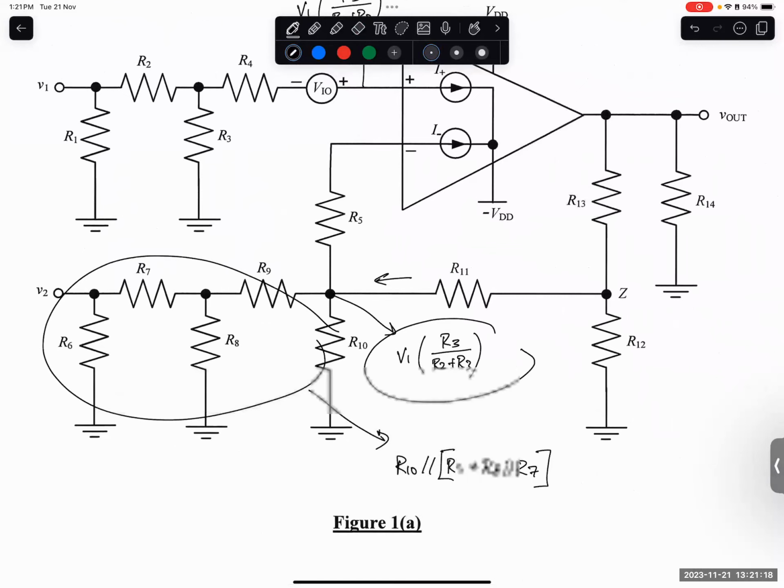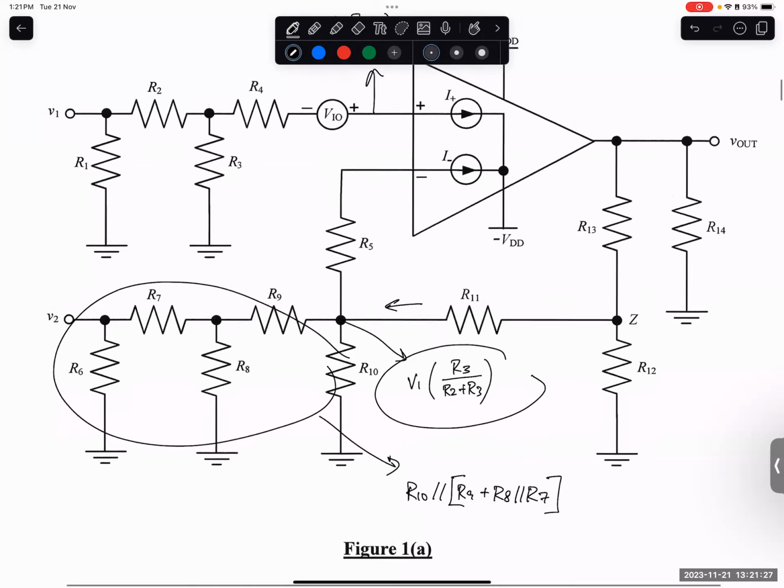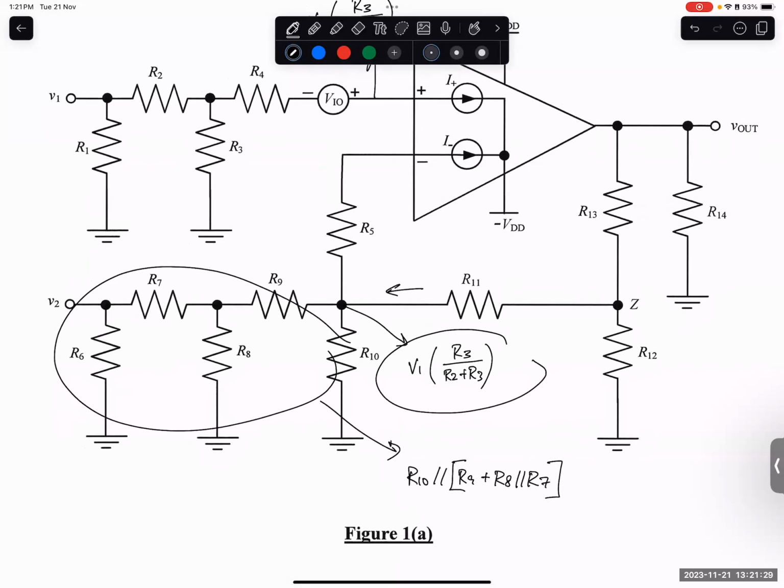You're doing V2, is it? Yeah, I'm starting with V1 first. What is V1? I'm damn confused. Where am I now?